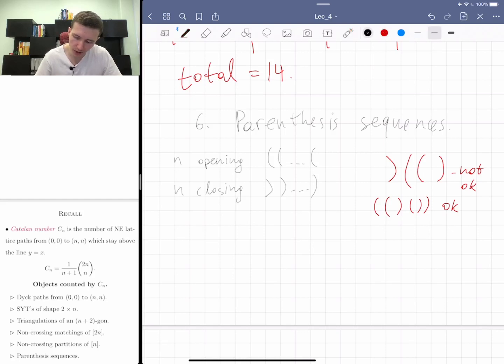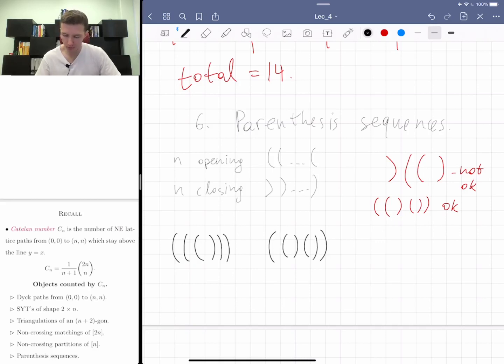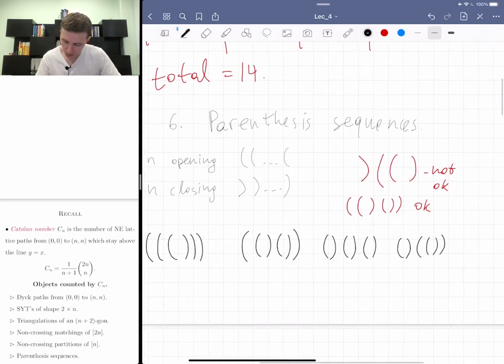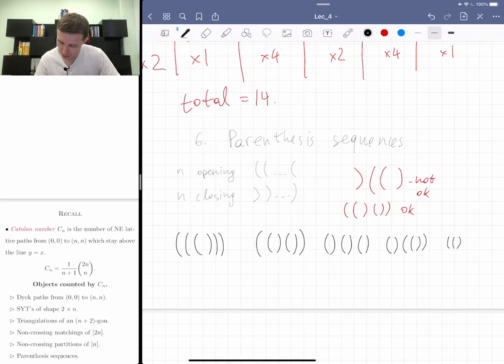So what are the 5 objects? Well, n is equal to 3, so I have 3 opening ones and 3 closing ones. I can do 3 opening and then 3 closing, or something like this, or something like this, or also something like this. There's 5 objects.